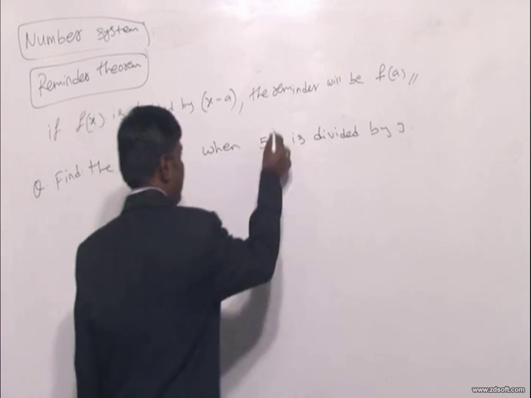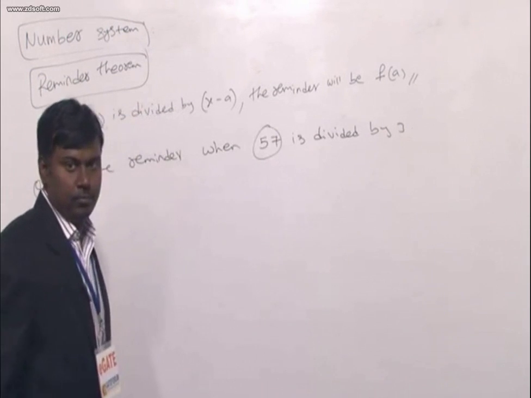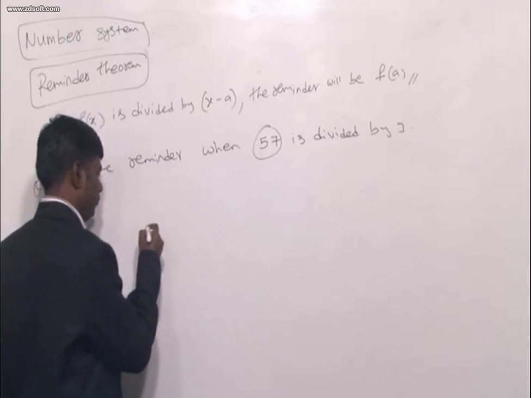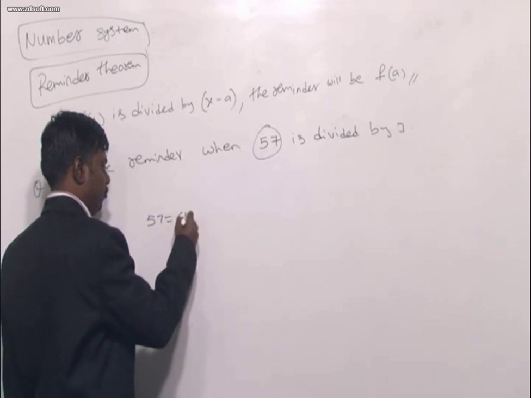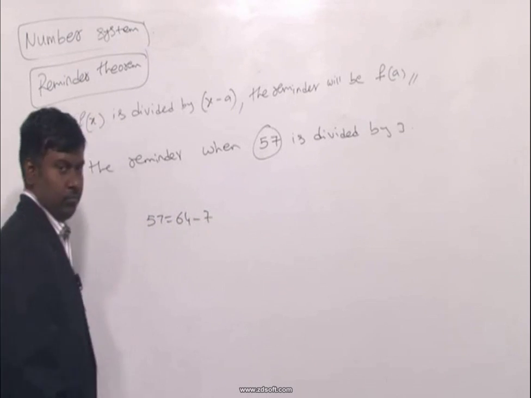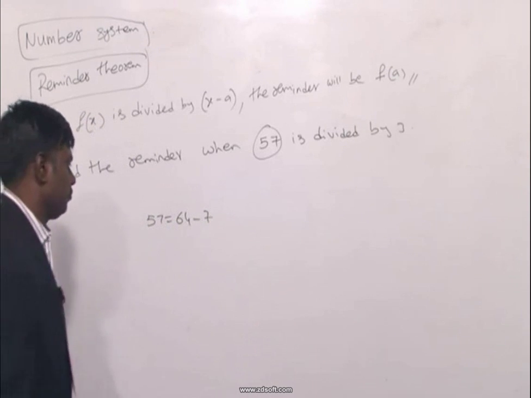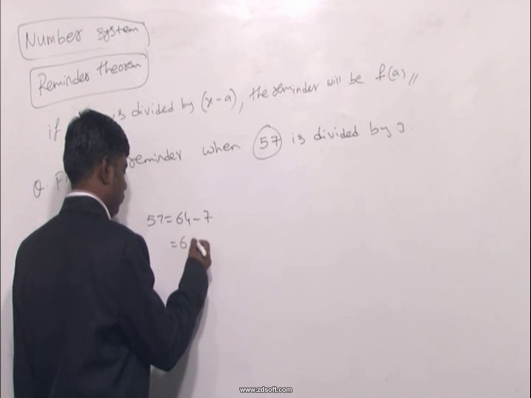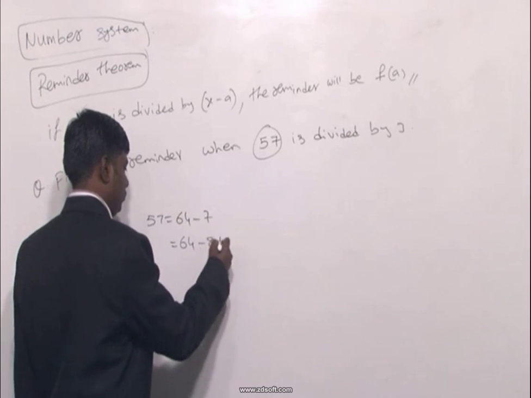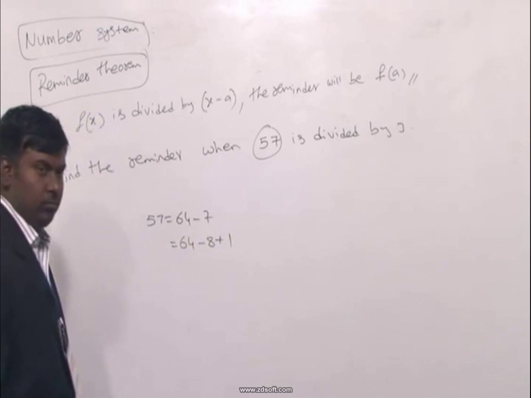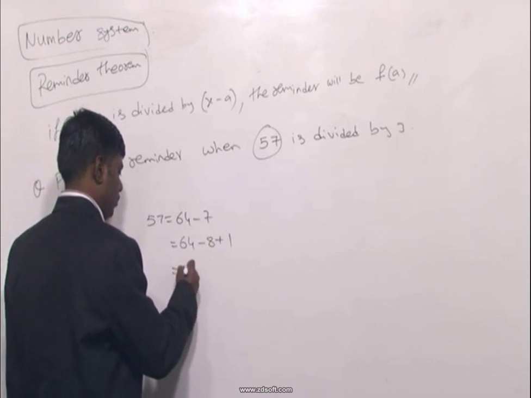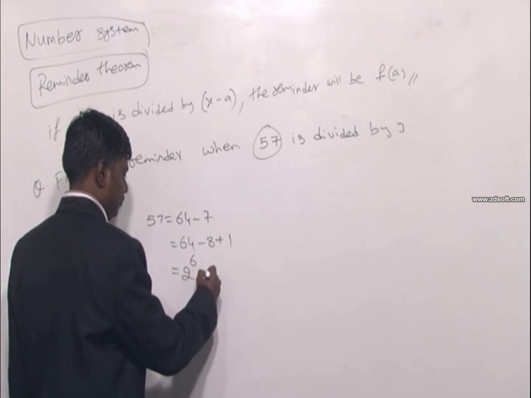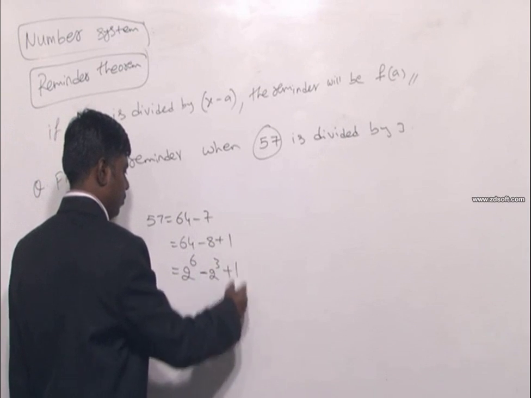Okay. This 57, let us consider in terms of power of 2. 57 is 64 minus 7, or 2 power 6 minus 2 cube plus 1.